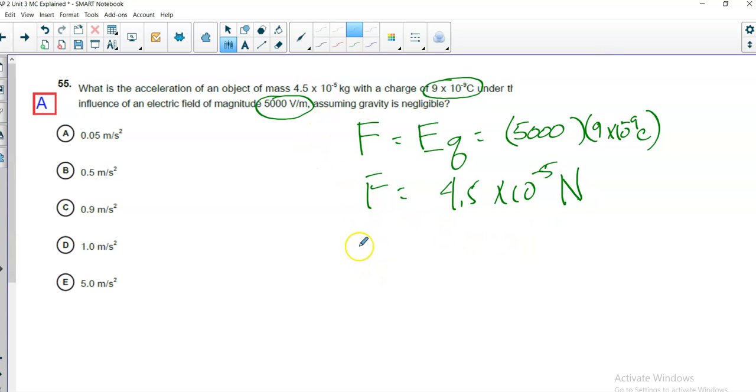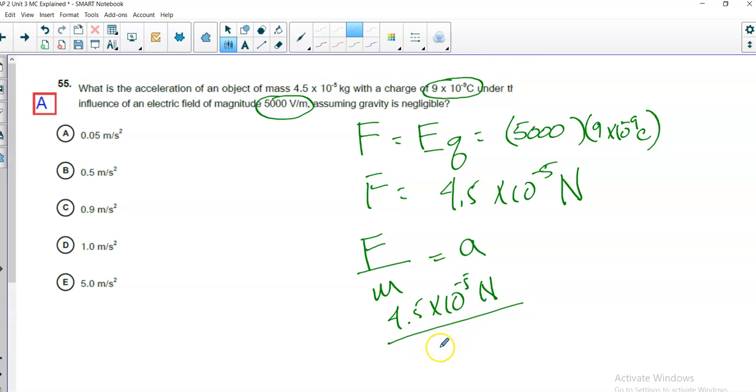Now, that's the only force, that is the net force. Therefore, that force divided by the mass of the object will give me the acceleration of the object. So it's going to be 4.5 times 10 to the negative 5th newtons. Newton's second law says if I divide by the mass, 4.5 times 10 to the negative 5th kilograms, how convenient, comes out to be 1 meter per second squared.